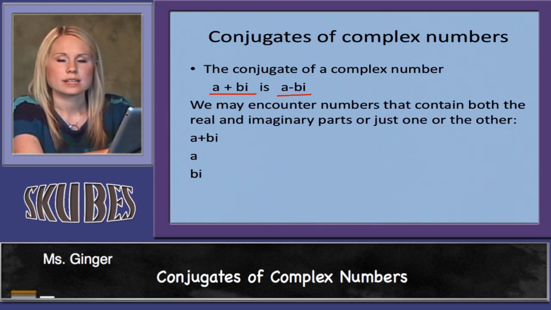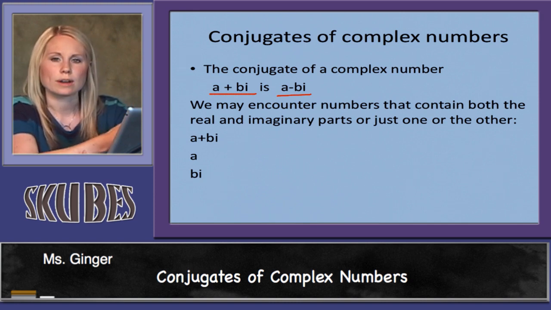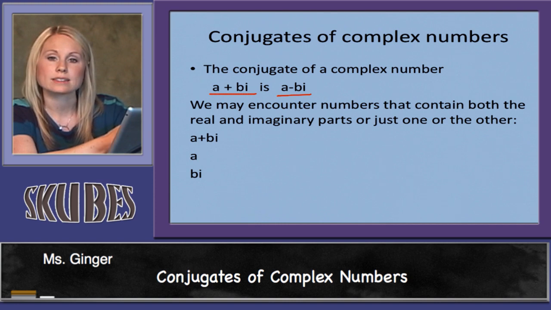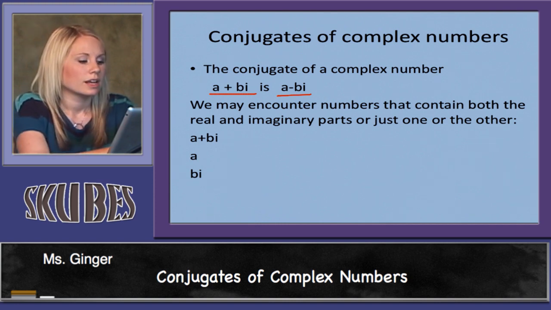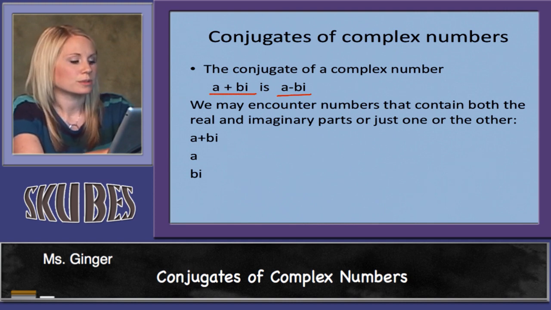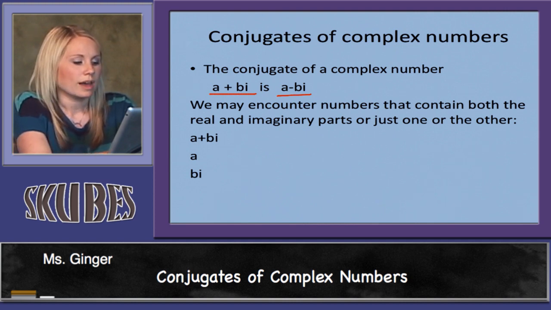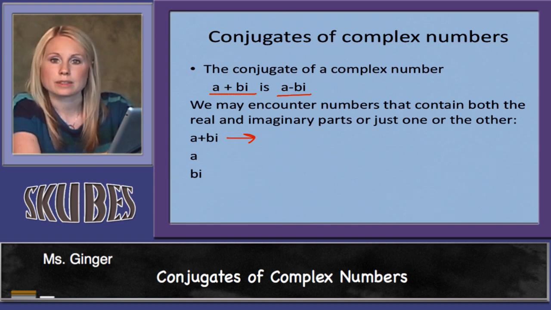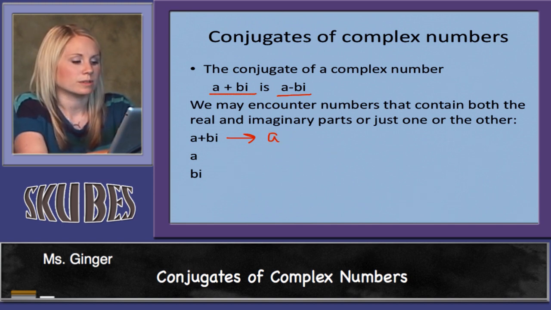We might come across things of this form, or we may come across things that only have one or the other part, just the real or the imaginary part, and we may be asked to find the conjugate. So we're going to take a look at examples showing all of those forms. Basically, if you have both parts, you're going to take the opposite symbol in the middle. A plus bi, remember, is going to be a minus bi.